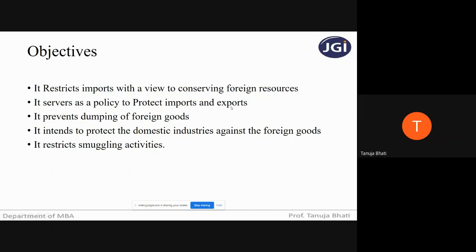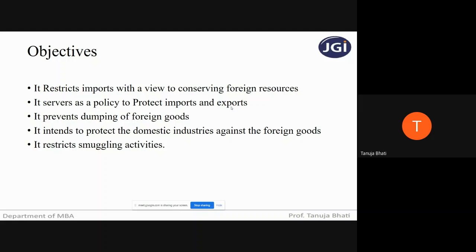Next, it serves as a policy to protect imports and exports. Students, many times, if there is no law or act which governs imports and exports, there can be a lot of mismanagement in imports as well as exports.